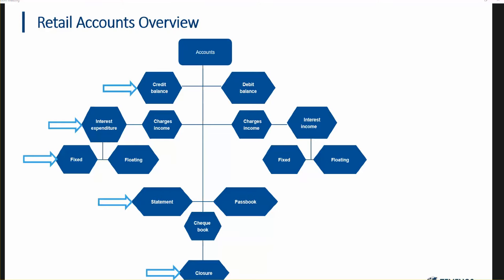We can issue checks. We can also close the account at some point, where the customer doesn't want to use the account anymore, or the account has become dormant or inactive. It will work the same way, but the menu pointers that we're going to use are what's going to be different.